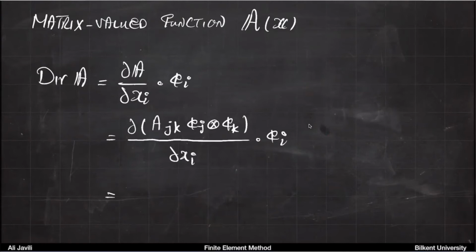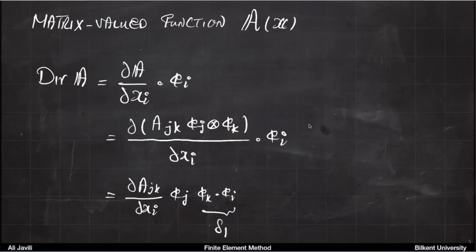Now you take ej and ek out because these are constants, so you would have the derivative of ajk with respect to xi, ej, ek dot ei. So that gives you delta ki, or otherwise this gives you the derivative of aji with respect to xi ej. Okay.